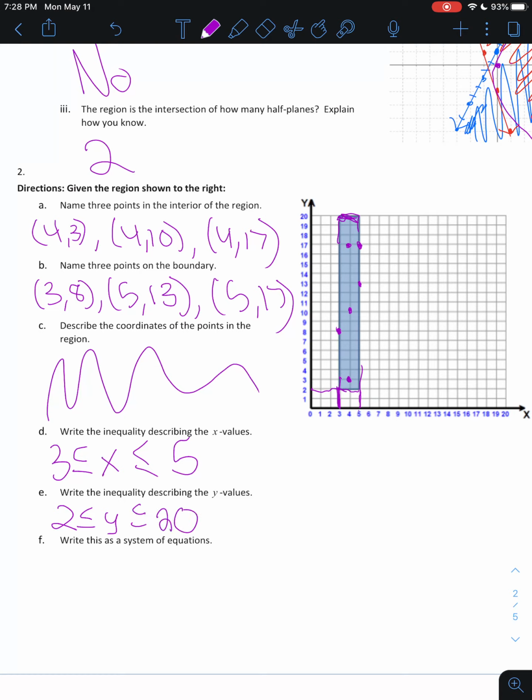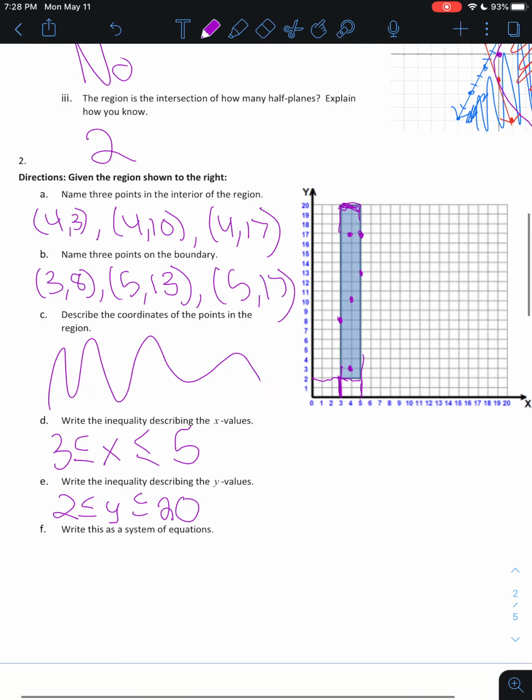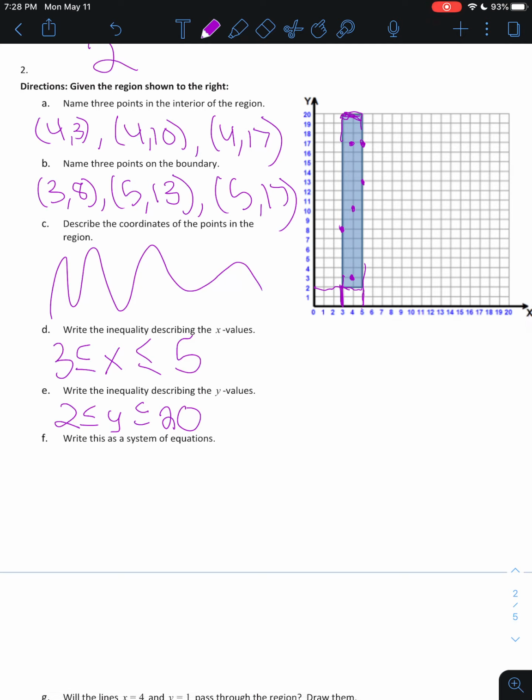Now, for writing this as a system of equations, we basically want to write it not in this format here, but as actual equations that you could graph. So it's not so bad. We would say x is greater than or equal to 3, right? That's one equation.